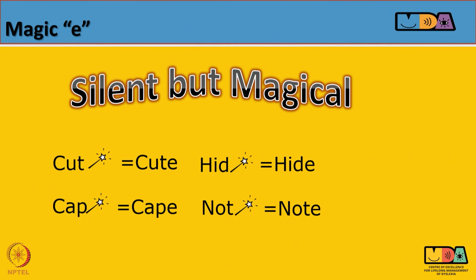In each of these words, the E is silent, but the vowel says its own name. So, magic E rule is a very important rule, and every SLD child must internalize this rule, so that he can find spelling easy, because here the E is there, but it is silent.